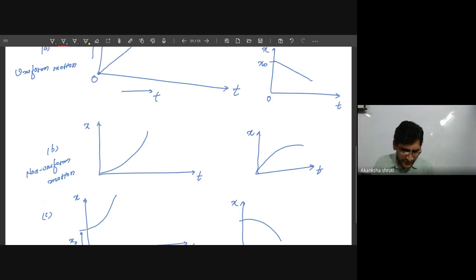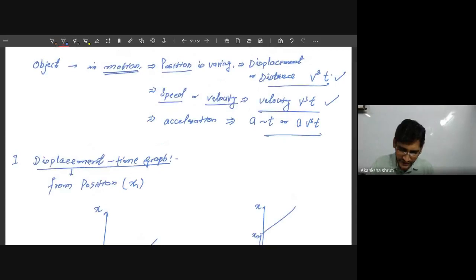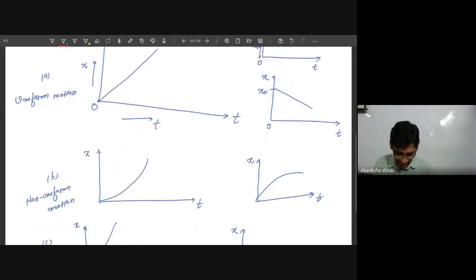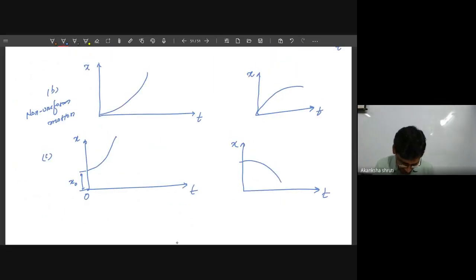We have also learned that from this position time graph or distance time graph, speed can be calculated. Why? Because the speed or velocity is given by distance by time. So if we take the slope of this curve, it gives us the speed.